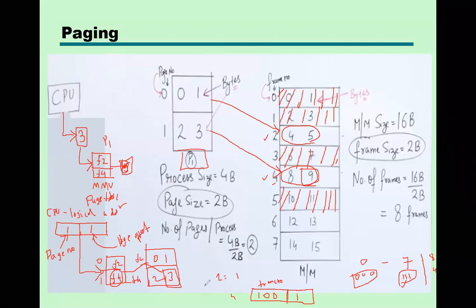So see how we can map from the logical address to the physical address. For example, this is our physical address, to map the actual page number from the main memory. What is the actual page number from the main memory? That is 9. Now let's see whether you get 9 or not.